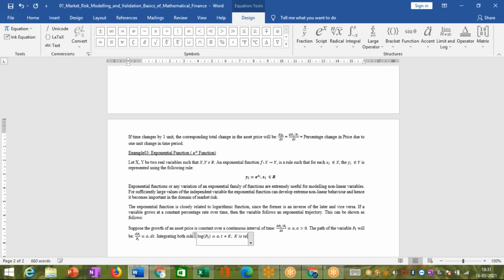K is the constant of integration, right?